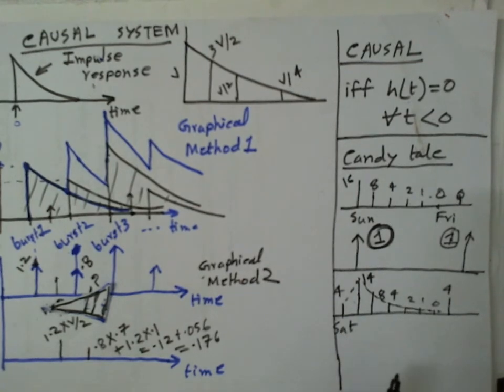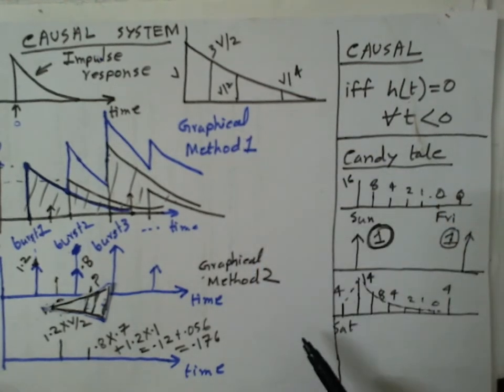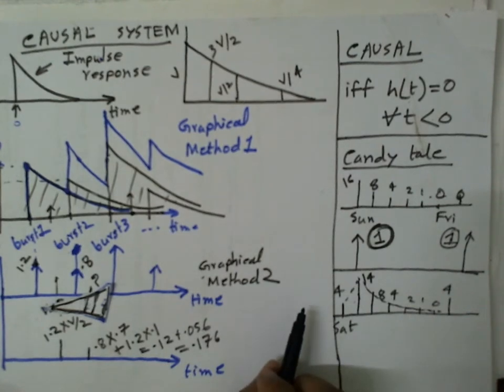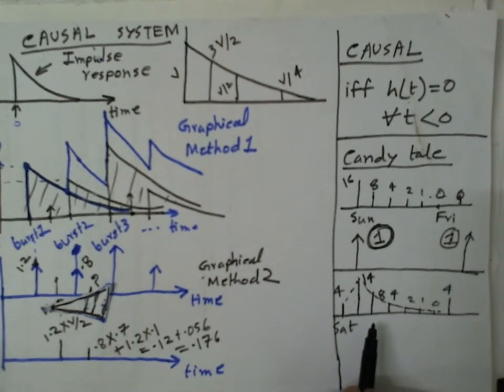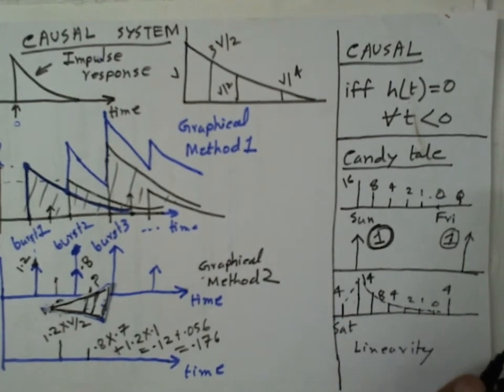However, if you just think of it, you will realize that this graphical method 1 and 2 both remain valid even if the system is non-causal. Obviously I have to satisfy the other constraints like linearity, which means proportionality and homogeneity, and time invariance, definitely.